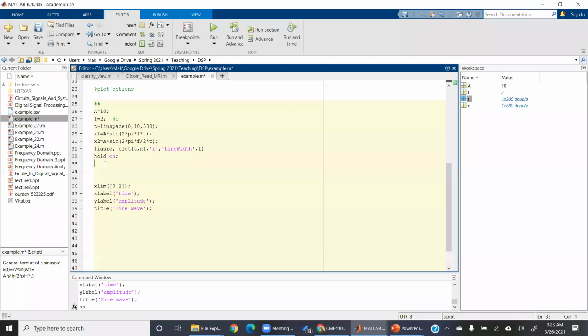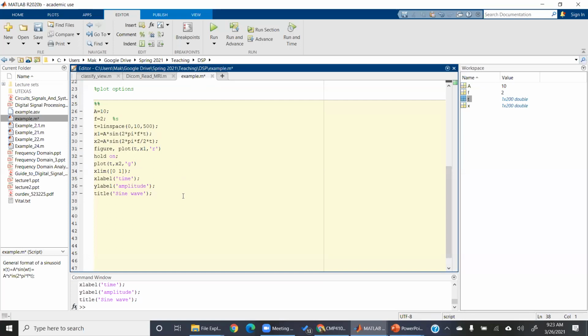I want to hold on to that figure, and then I'll plot t, remember I'm using the same time axis, and then x2. And of course, I can change the colors. Like here, that's red. I can make this one, let's make it green. And there we go. So it's as simple as that.